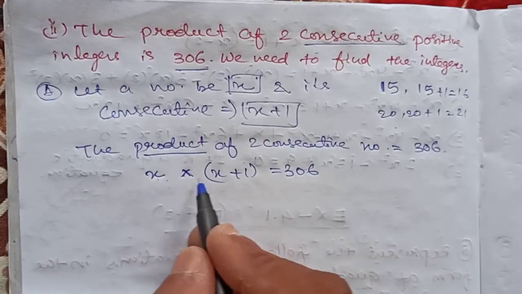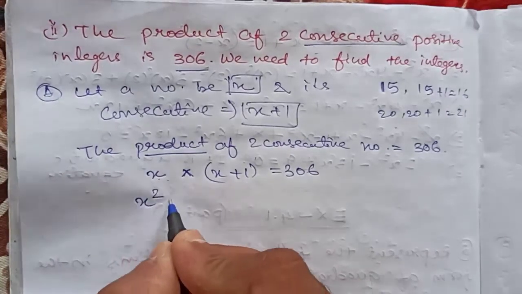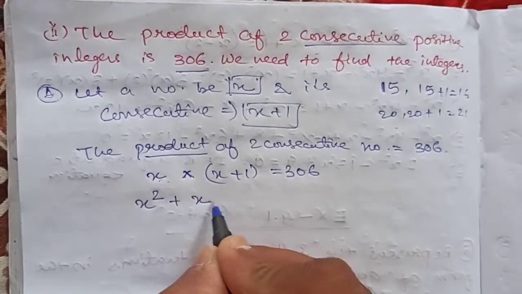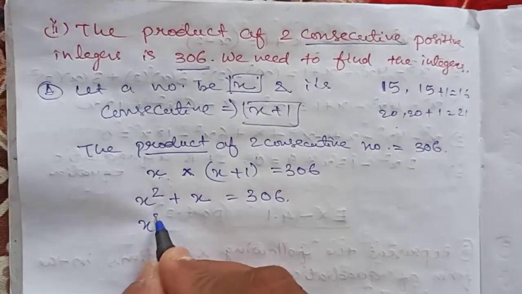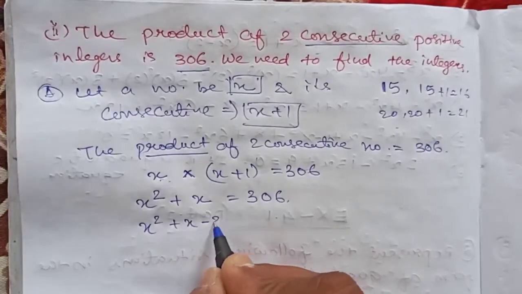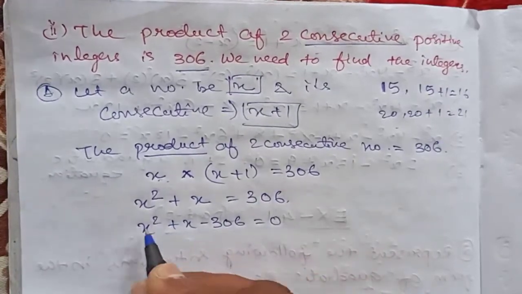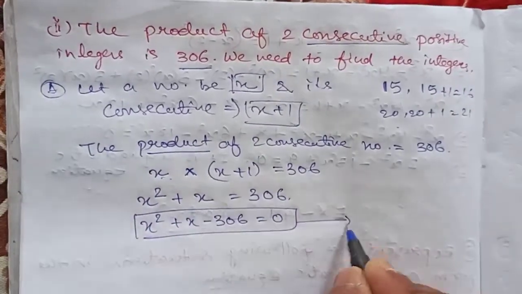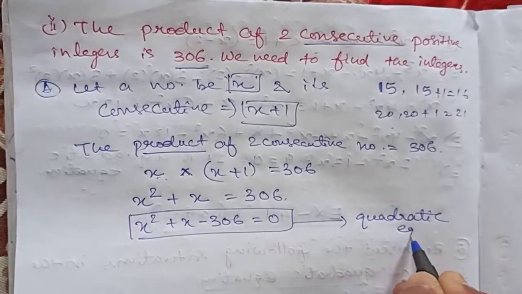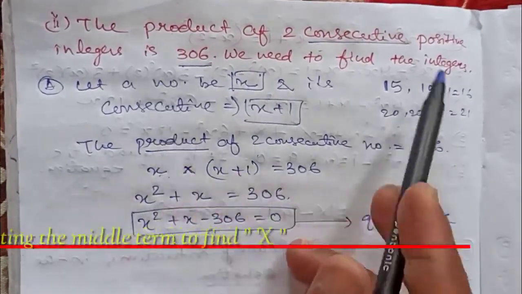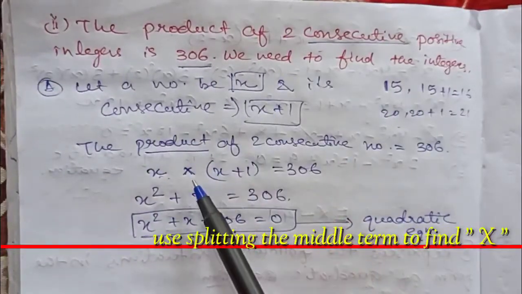Now open the bracket and multiply. x into x is x square plus x into 1 is x, equals to 306. Now bring this term this side. x square plus x minus 306 equals to 0. This is the quadratic equation which we got from the given statement of the question.